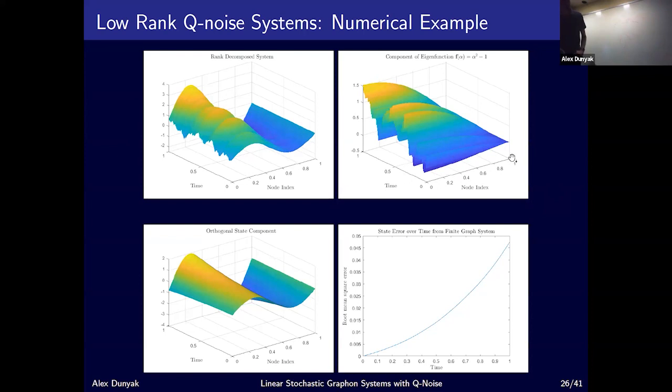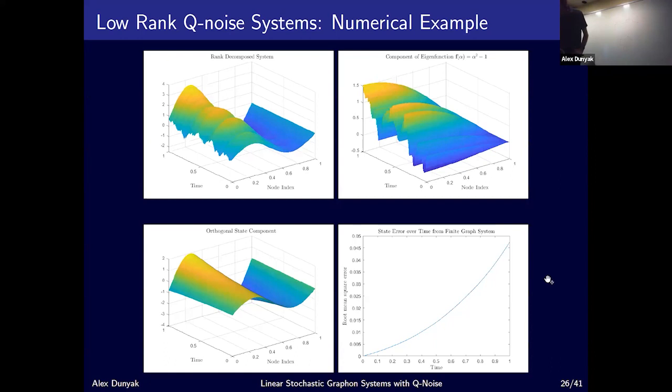On the top right, we have the evolution of the component along the eigenfunction here. And the bottom left, we see the deterministic or diagonal orthogonal component evolving over time.